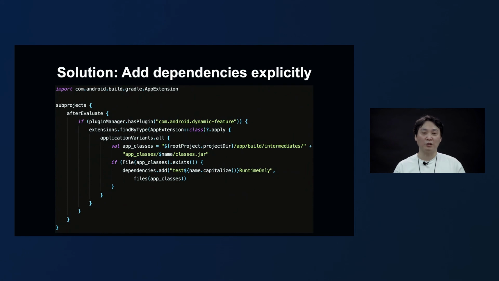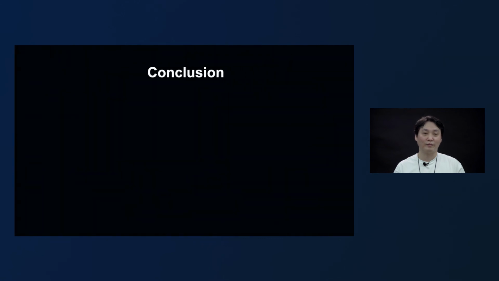So I had to force all my dynamic feature projects to load the class by adding a workaround in the build script of the root project. The error had been fixed in 4.1, and these workarounds are no longer required. But if you need to keep the old AGP version, please refer to this.